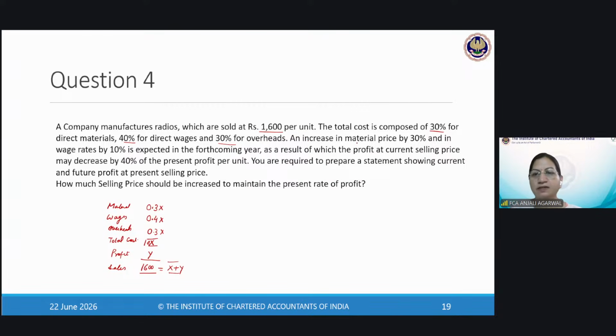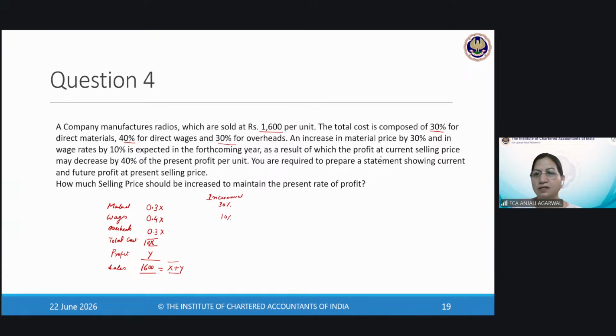Further, it is said that there was an increase in material price by 30%. The price of material has increased by 30%. The wage rate has increased by 10%. So in the forthcoming year, you expect an increase in material by 30% and in the wage rate by 10%.